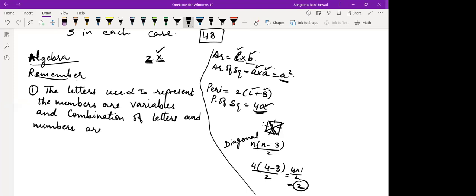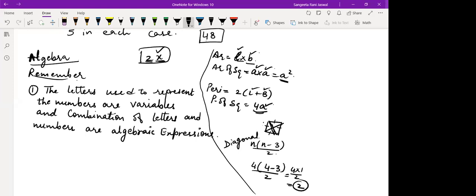are algebraic expressions. Okay, these are called algebraic expressions. We call these as algebraic expressions. So 2x is an algebraic expression.